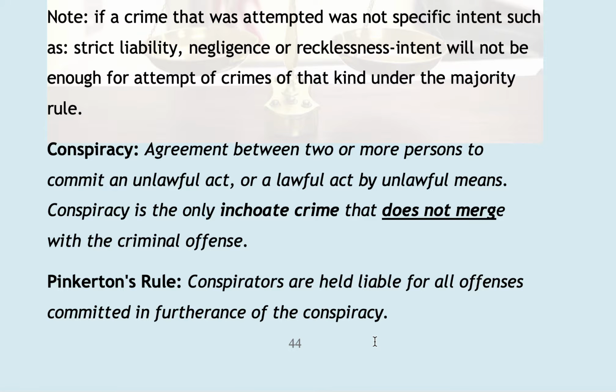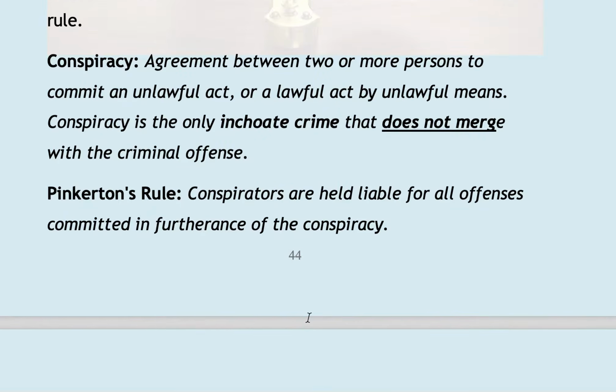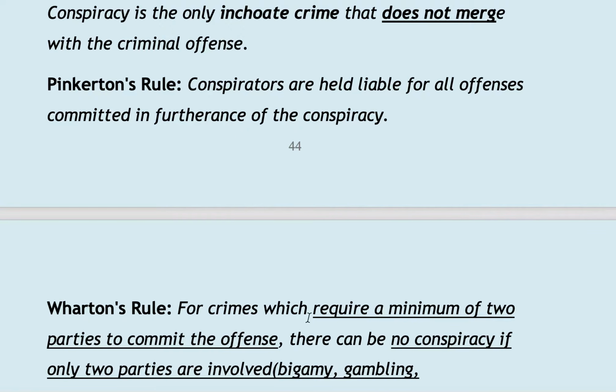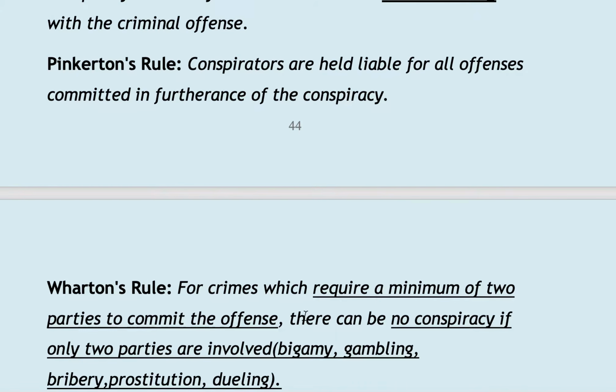Conspiracy is the only inchoate crime that does not merge with the criminal offense. So if you've got an attempt, it can merge with the offense if it actually takes place, and solicitation would merge. So Pinkerton's rule, again: conspirators are held liable for all offenses committed in furtherance of the conspiracy.